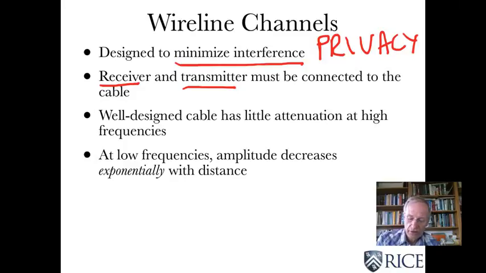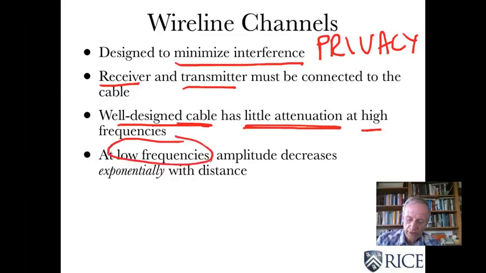If you design it well and pick your frequencies right, you have very little attenuation as long as you stay at high frequencies. If you don't, you can live that way. You'll discover, though, that the amplitude will decrease exponentially with distance, and it depends on that factor A how far you can go.